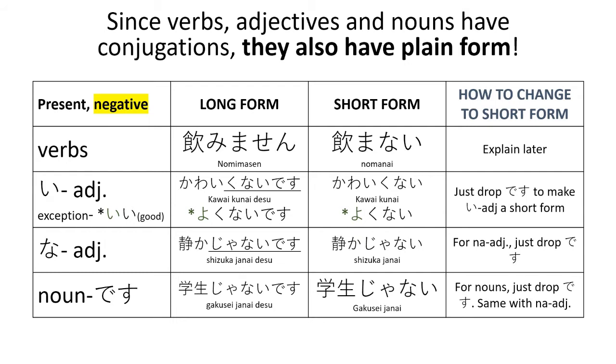To make it short form, we remove desu. Shizuka janai. For the noun, gakusei janai desu. Not students. We remove desu, just like in na adjective, and we are left with gakusei janai.